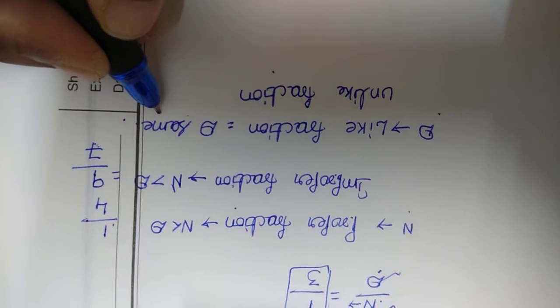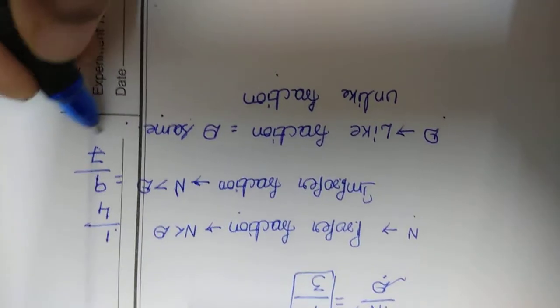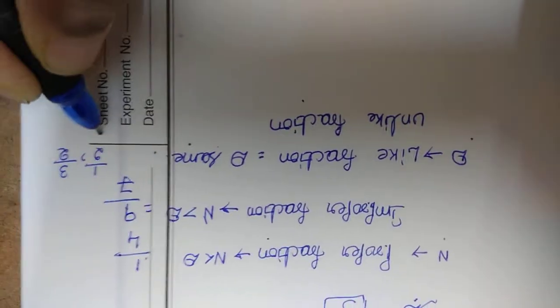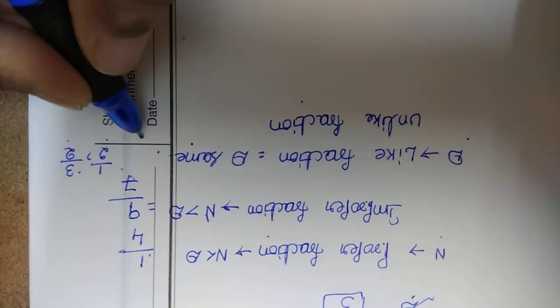Like fractions compare 2 or more fractions with the same denominator. For example, 1 by 2, 3 by 2. Here my denominators are 2, 2 and my numerators are different. So this is called like fraction.